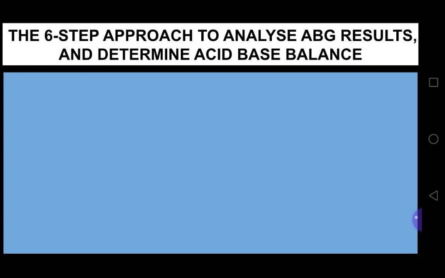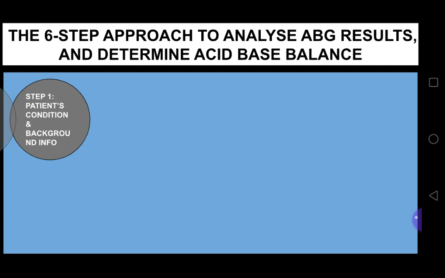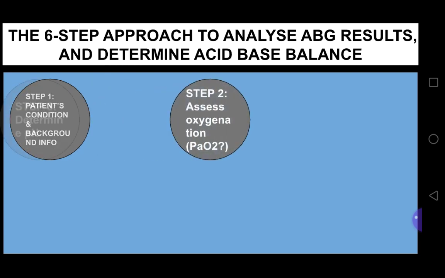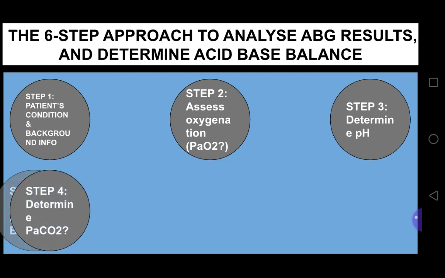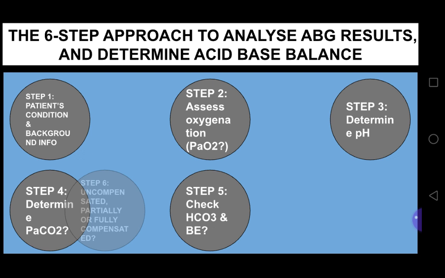Now, coming to the analysis of ABG result and how to determine acid-base balance, there is a 6-step approach. First and the most important part is that we need to check how the patient is and what the patient's past medical history is. Step 2 is assess PaO2 or oxygenation of the patient.